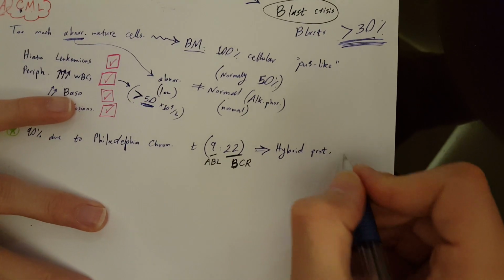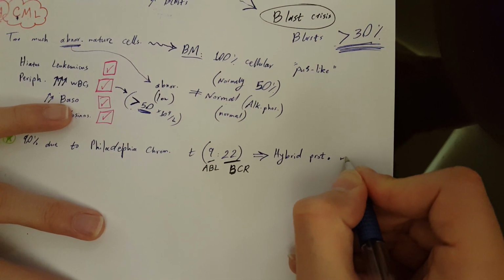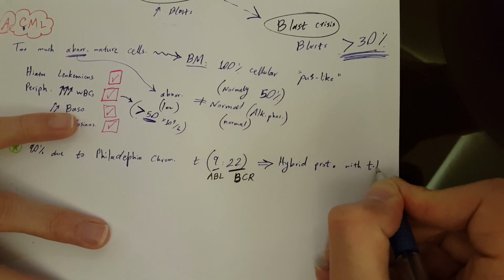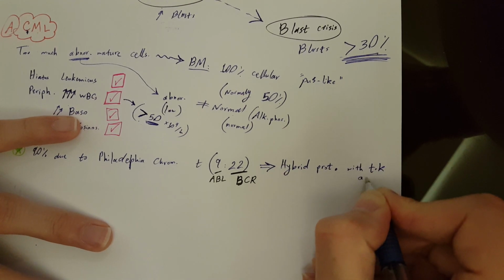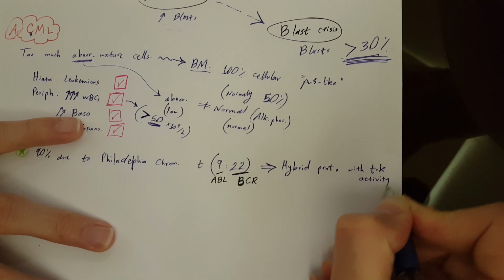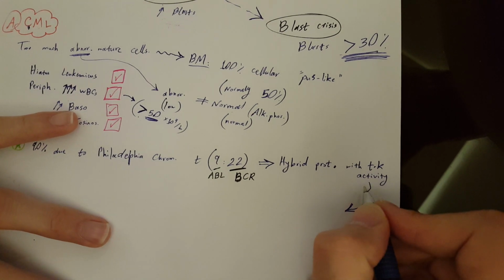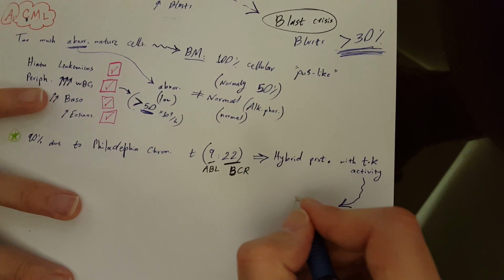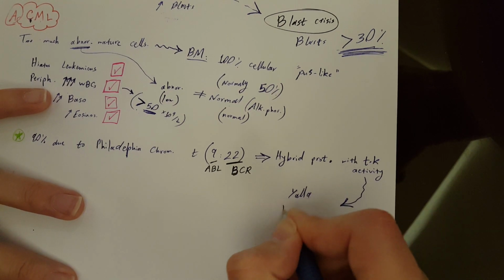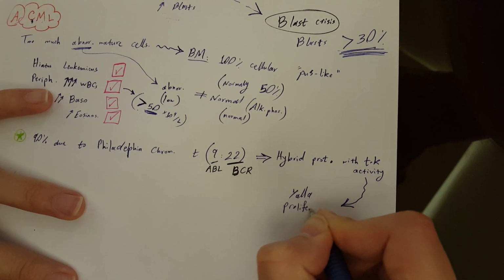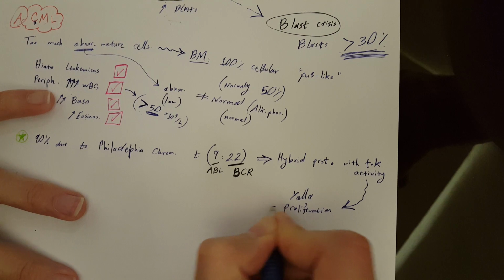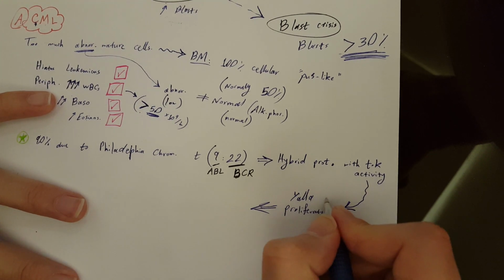This protein has tyrosine kinase activity, TK activity. Now, whenever you say TK activity, what does the tyrosine kinase do? It starts yalla proliferation. So they proliferate so much.